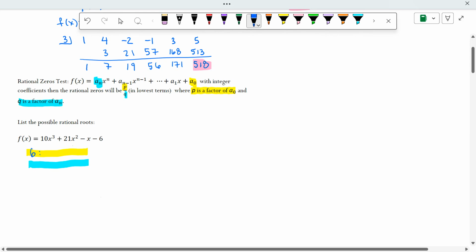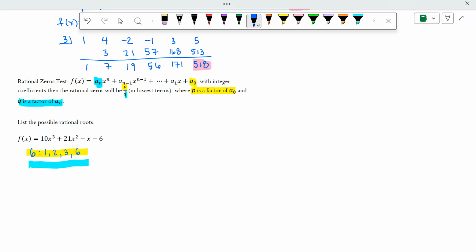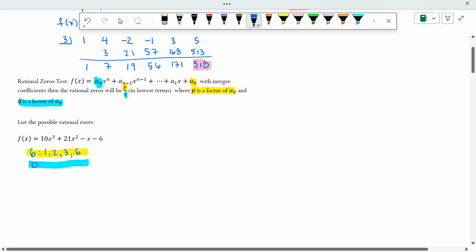So the factors of 6 are 1, 2, 3, and 6. So there are 4 factors of 6. And then the factors of my leading coefficient are 1, 2, 5, and 10.